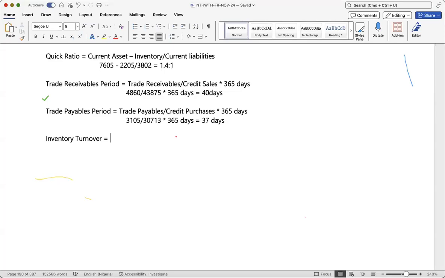This one was a challenge because there's a difference between inventory turnover period and inventory turnover. It was very misleading. But since they said inventory turnover, we have to use the formula for inventory turnover, which is cost of sales over inventory.